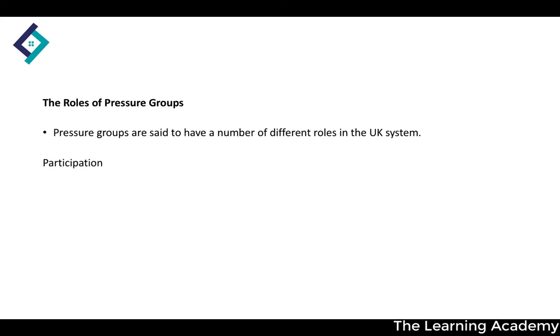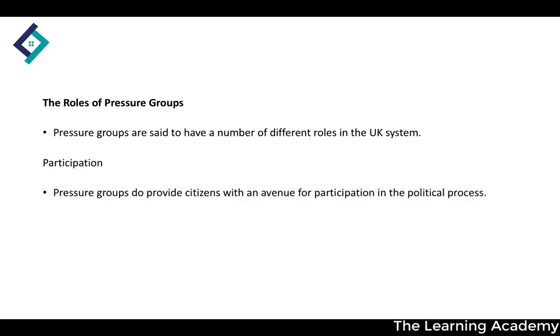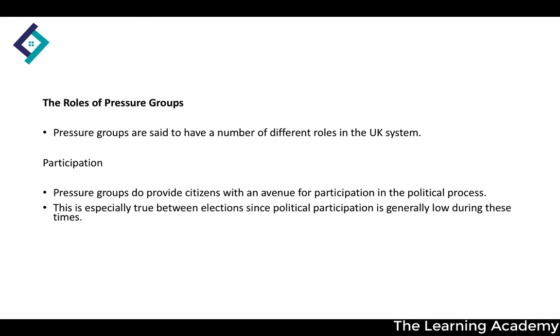So let's have a general look at what the roles of pressure groups are. Pressure groups are said to have a number of different roles within the UK system. One of those roles is participation. Pressure groups provide citizens with an avenue for participation in the political process. This is especially true between elections, since, as of the time of recording, the Fixed Term Parliament Act makes it so elections occur every 5 years.